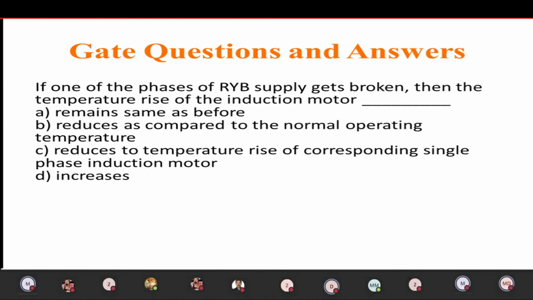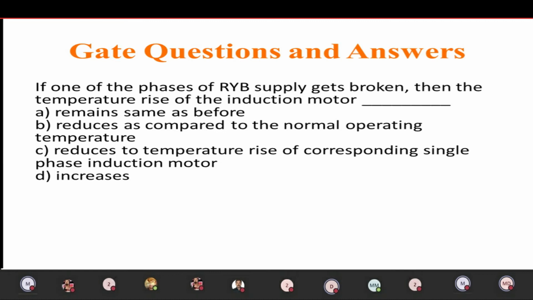This is because the other two phases are trying to maintain the same speed, so they absorb more magnetizing current from the supply. Due to that, it leads to a lagging power factor. So if we do not consider the power factor, it also absorbs more current from the supply.